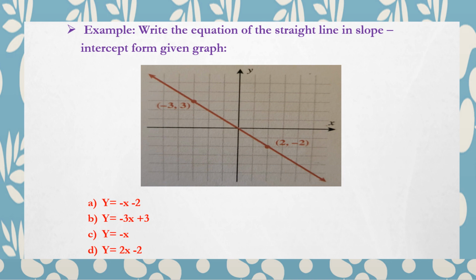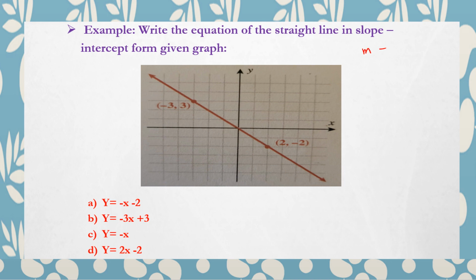Another example, write the equation of the straight line in slope-intercept form from a given graph. From this graph, we can see that the line passes through the origin, so there is no separate x-intercept or y-intercept. And by using 2 points, we can find the slope.